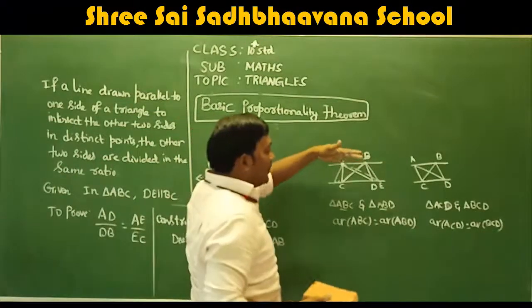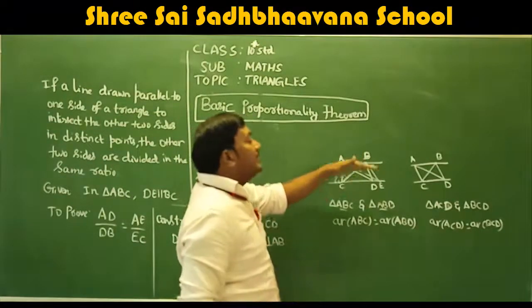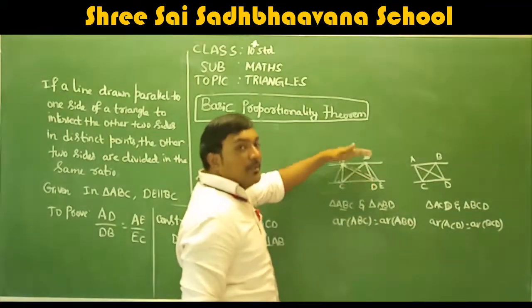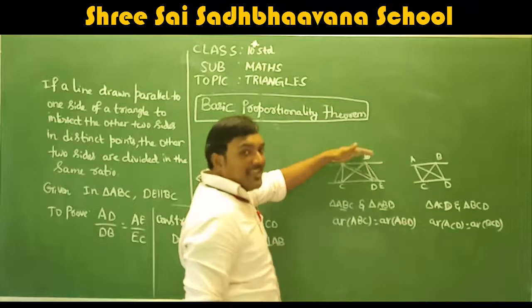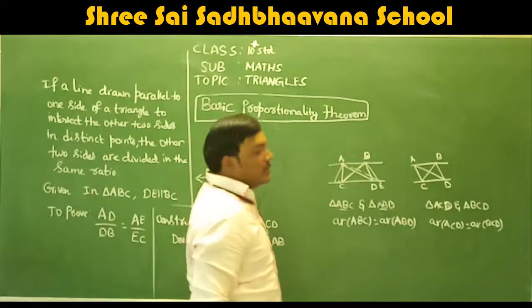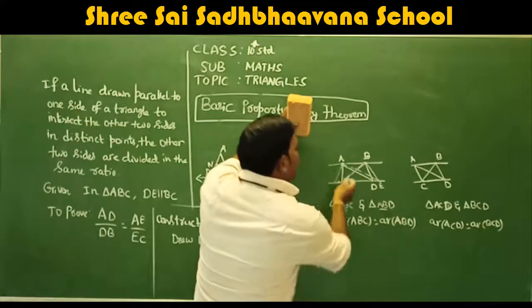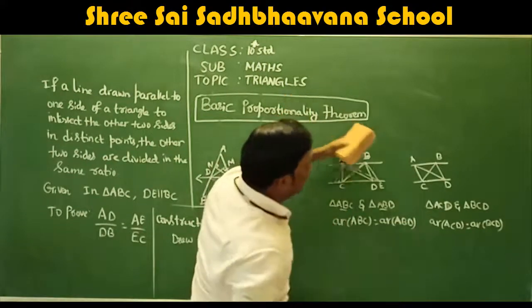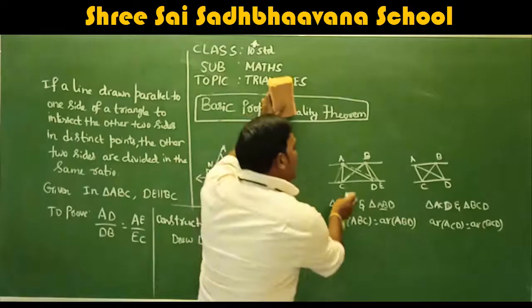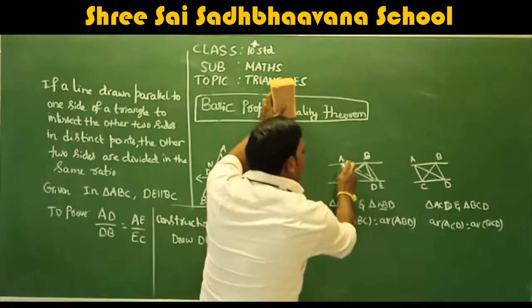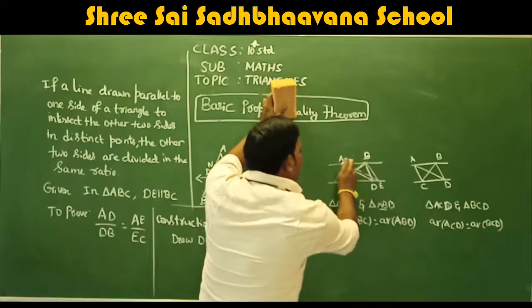Finally, we are concluding that the areas of triangles between two parallel lines having the same base are equal. For example, in this case, AB and CD are two parallel lines, and the triangles formed are ABC, one triangle, and ADB, another triangle.